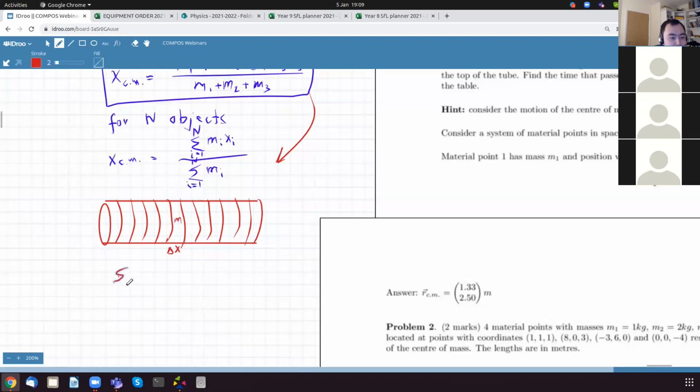And when you have infinitely many pieces, the sum of m delta x becomes the integral of m dx, divided by the sum of m, which is just the mass of the cylinder. So that's an outline of what we can do.